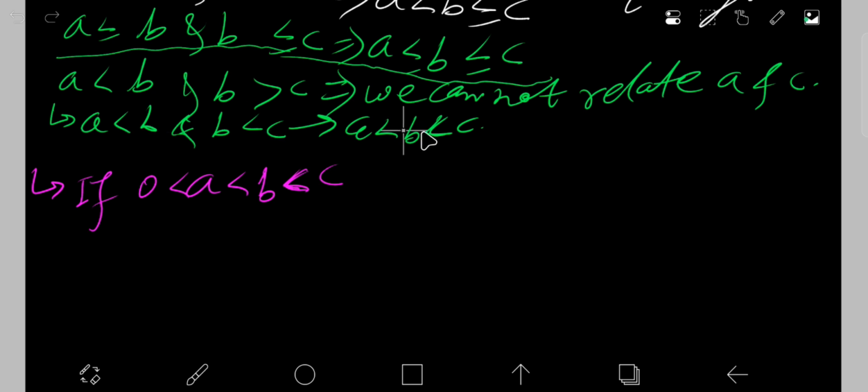We can also say, you just see, a is less than b and b is less than c, and then we can say that a is also less than c. This one we also say.